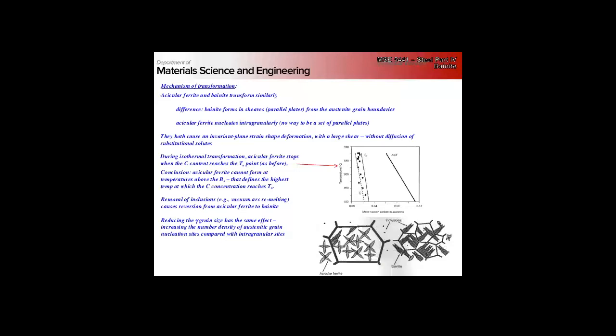So it's really just bainite that's nucleating interior to the grain rather than at the grain boundary, right? And if we increase the grain boundary surface area, we can do the same thing, right? So if we have big prior austenite grains, we get acicular ferrite.